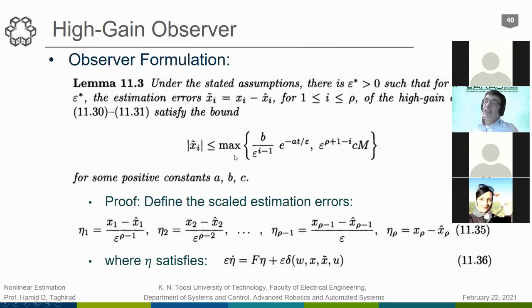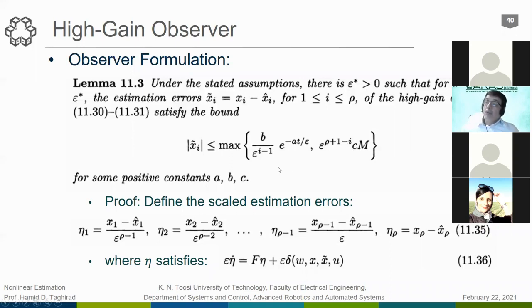We have some upper bound for the system, and this upper bound is related to b divided by epsilon. So if we make this epsilon small, this upper bound becomes smaller with an exponential term. This is the peaking phenomenon, basically. And then epsilon to the power rho plus 1 minus i in terms of the relation that we have.